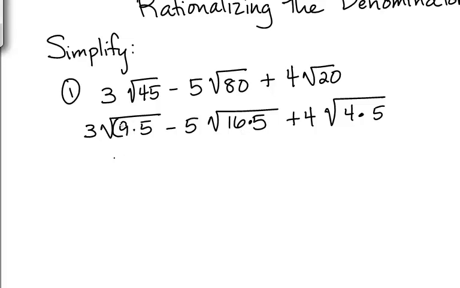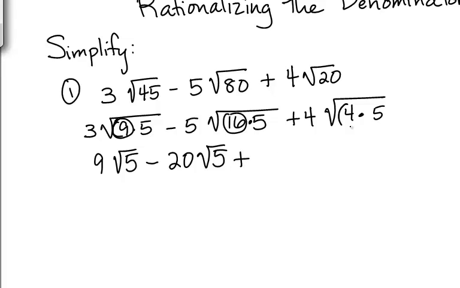Out of this one I can take out a 3. When you take it out, you're taking 3 times 3, 9 radical 5, minus, and then out of this you can take out a 4, so 20 radical 5. And out of this you can take out 2, so you'd have 8 radical 5.